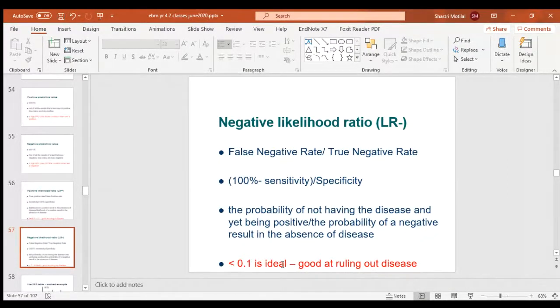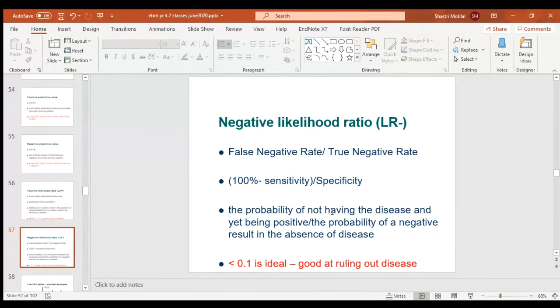We want this value to be less than 0.1. So again, 0.01, 0.001, we would say that that's a great negative likelihood ratio. So suppose we got a negative likelihood ratio for a test of 0.01. You would say that that's great. That's really, really good. What would that mean?